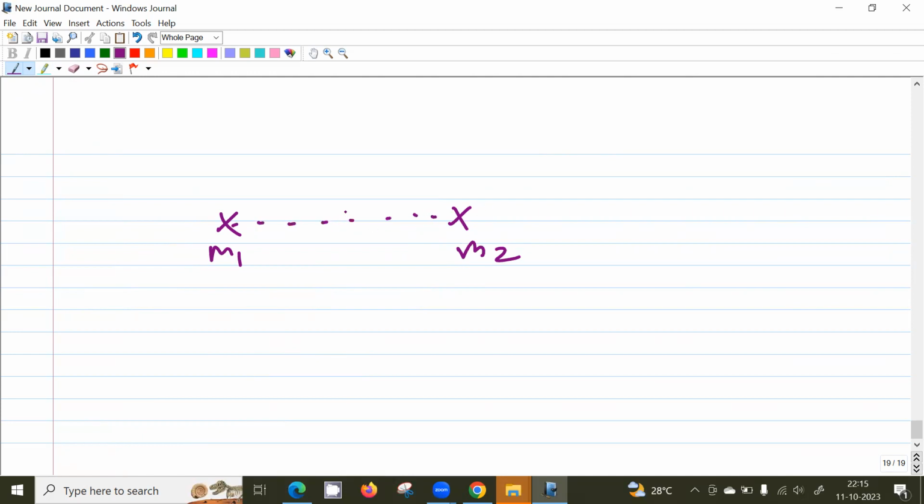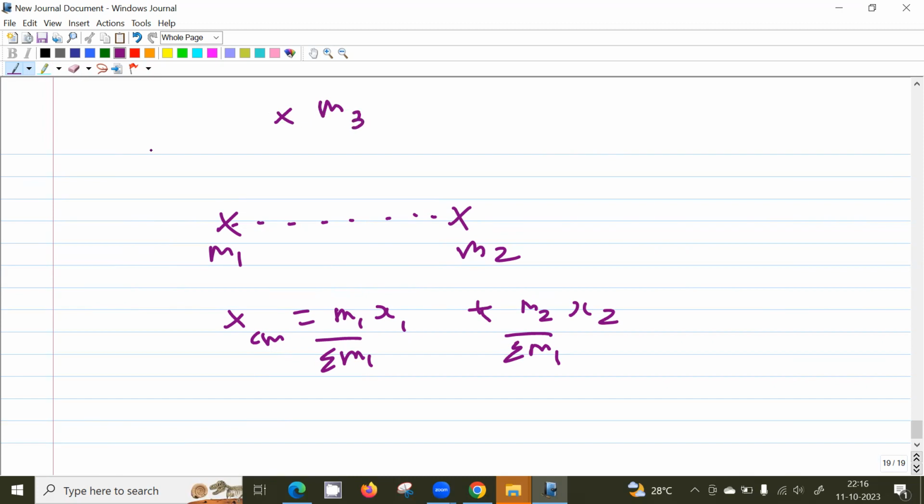If they're equal masses, the center of mass will be exactly in the middle. If m1 is heavy, the center of mass will be towards m1. If m2 is heavy, the center of mass will be towards m2. So the x value of the center of mass is given as a combination of x1 and x2. The weightage of x1 will be m1 divided by the total mass, and the weightage of x2 will be m2 by the total mass.